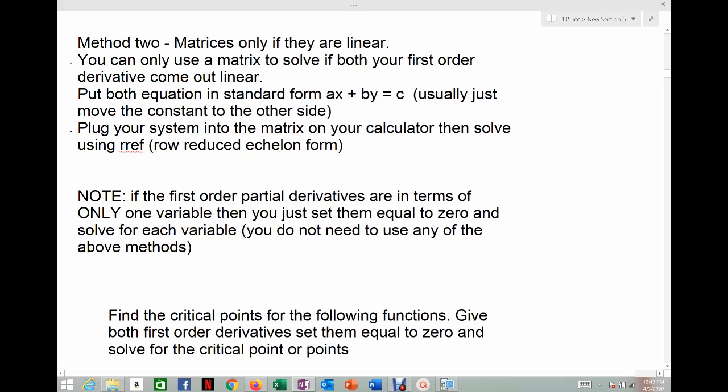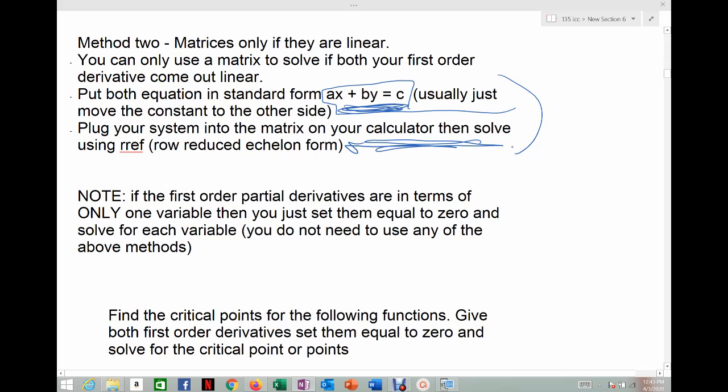But in this special case, and a lot of ours will be this special case, if I can rewrite my partial derivatives in the form a number times x plus a number times y equals a constant, so a, b, and c are constants, and that's a linear equation in standard form, then I can use my matrix key on my calculator and solve it. I'll go over how to do that on a calculator.